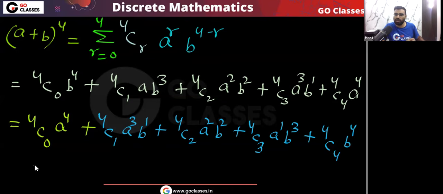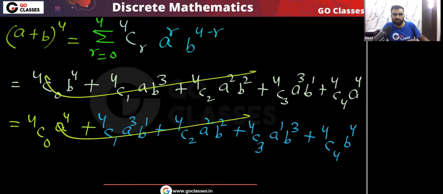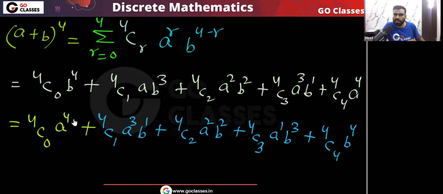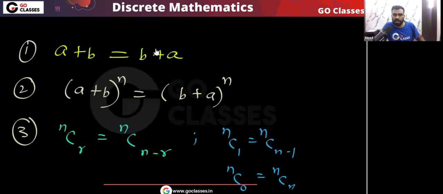All these are the same. Do you agree with me? Both are fine, because anyway (a+b)^4 is the same as (b+a)^4. You can see a+b equals b+a, nCr equals nC(n-r). So both are fine. I hope you understood.